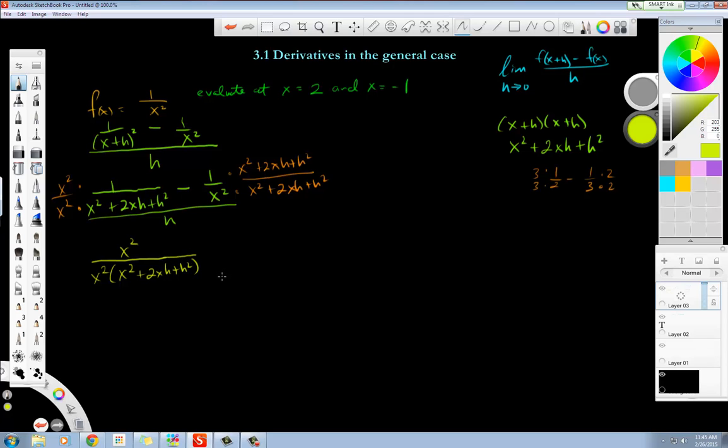So there's one fraction minus, I'm going to put it in parentheses, x squared plus 2xh plus h squared all over the same denominator as this. So x squared and then x squared plus 2xh plus h squared. This is terrifying to look at, but not really that bad. As long as I keep the sign straight, this shouldn't be too awful. And that is all over h.